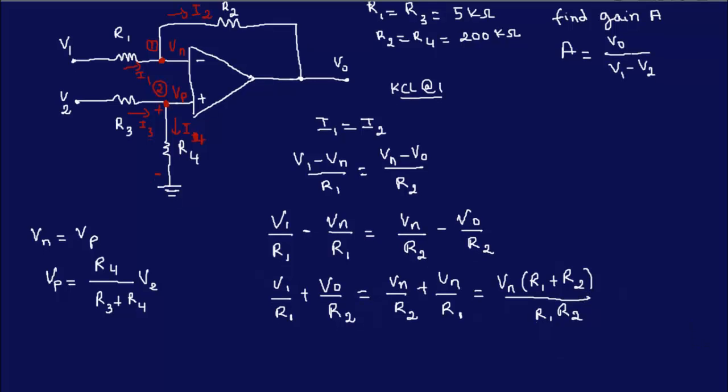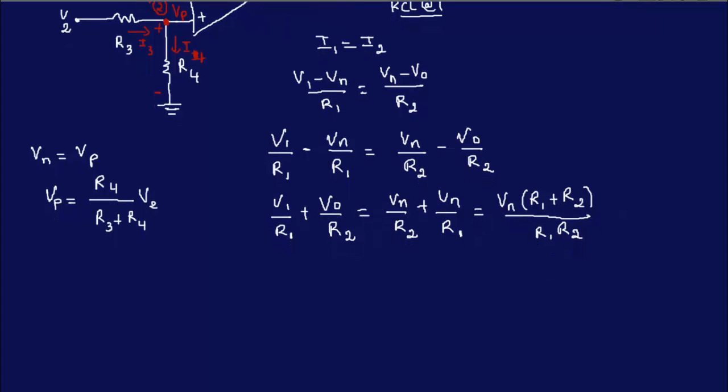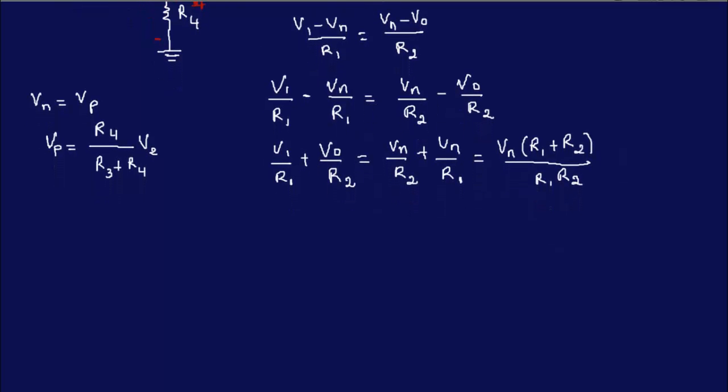Okay, so now we can go ahead and replace Vn. What am I calculating again? Gain. Okay, so I have V1 over R1 plus V0 over R2 equal to R4 over R3 plus R4 times V2, which is our Vn.